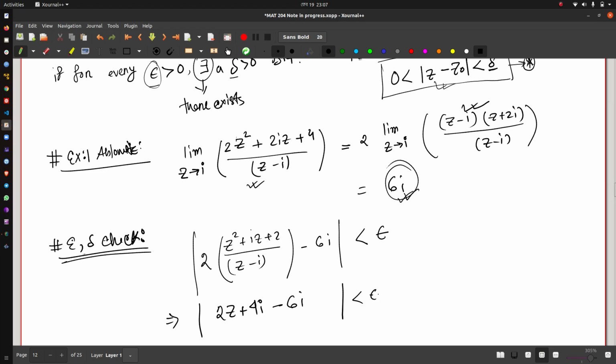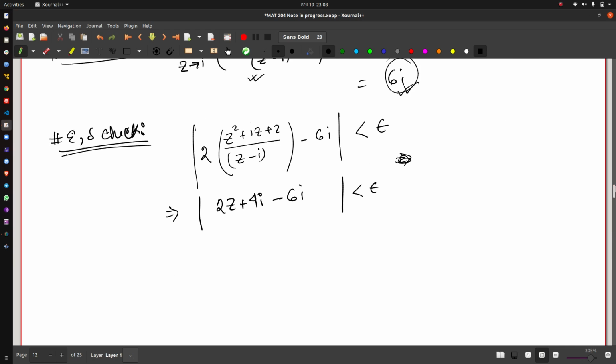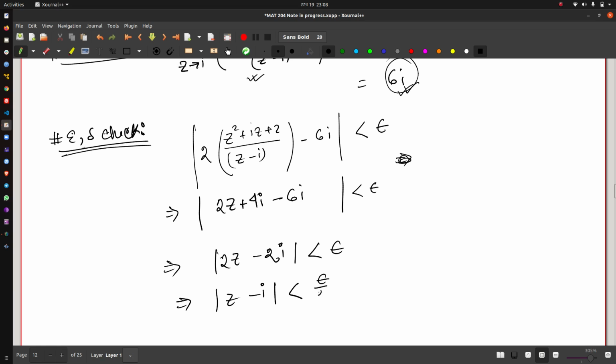So this is less than epsilon. And then after this line, let's go down below, you have modulus of 2z minus 2i less than epsilon, or you can write it as modulus of z minus i is less than epsilon by 2.